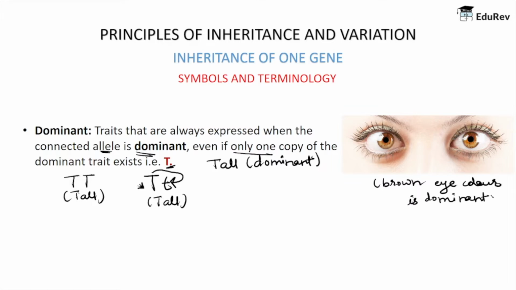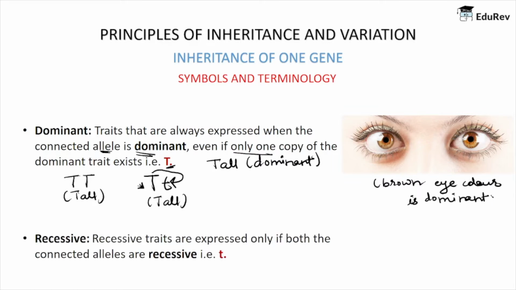Now next one is the recessive trait. What are recessive traits? Recessive traits are obviously contrasting the dominant traits, and they are expressed only if both the connected alleles are recessive. Means both the alleles should have small t. Then only that person will be dwarf.